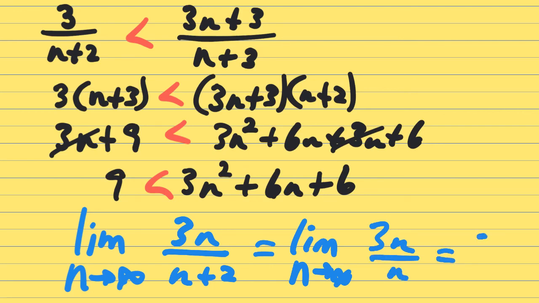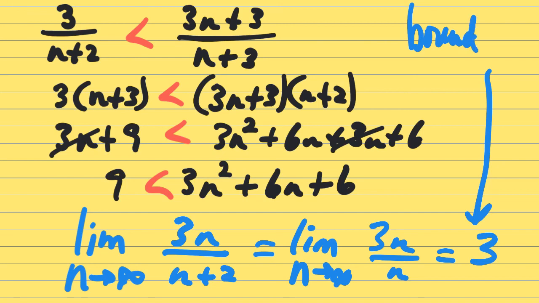Canceling the n's gives you 3. So that turns out that this sequence is monotonic because each term keeps getting larger and larger, but it is bounded above by 3. Bounded above. And monotonic.